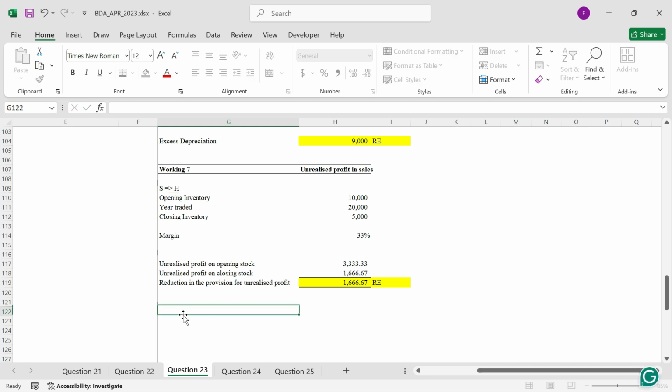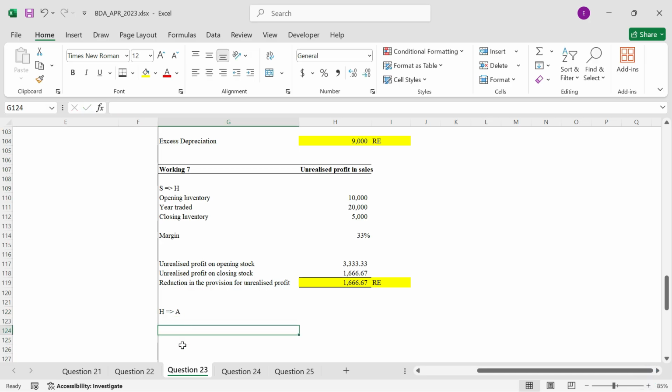We also have sales from H to A. My sales from H to A, I was told I sold an amount of 40 million, making a profit of 10 million, and half of those goods were remaining in stock.